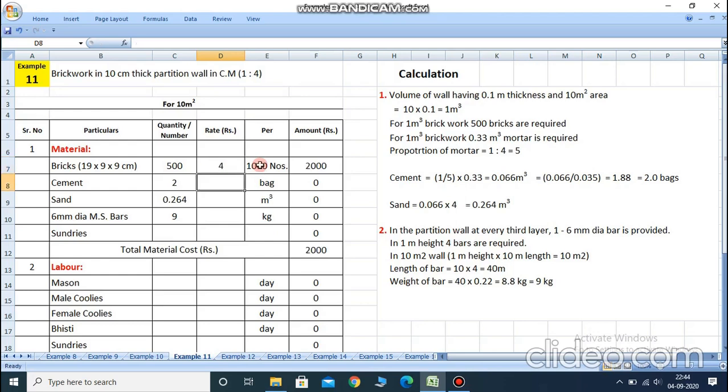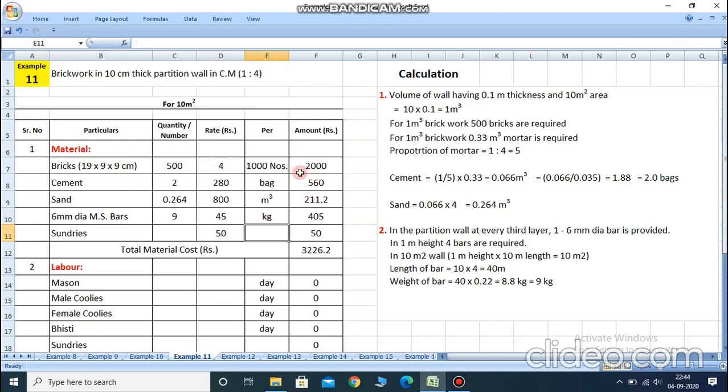So we write here 4. Then the cement bag rate is 280 per bag, sand is 800 rupees per meter cube, and 45 rupees per kg for the mild steel bar, and an extra cost of 50 rupees we included as sundries.